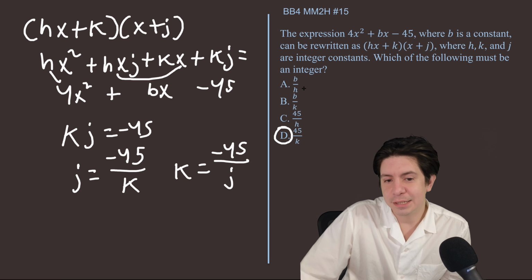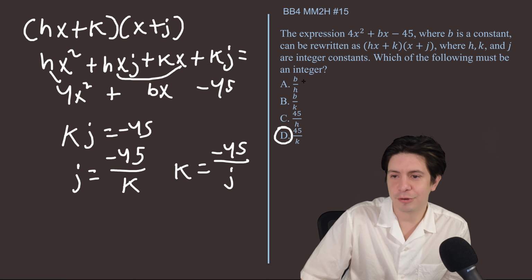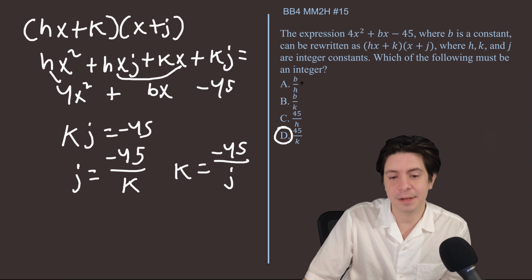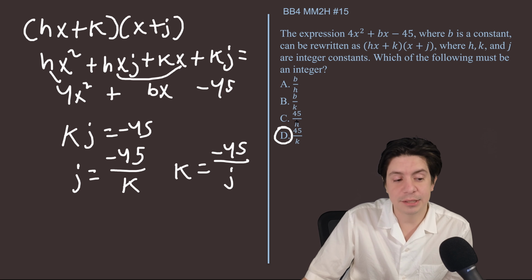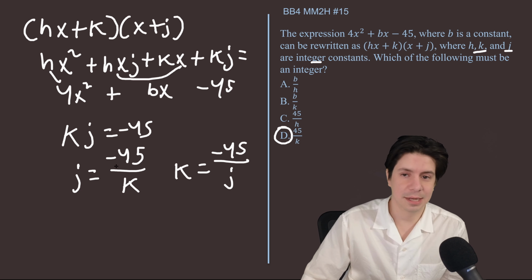Okay, b and h don't work. We don't know, because we know what b is, but we don't know what h is. b and k don't work because we don't know what b is, so that might throw things off. But d works because we know that no matter what it is, we were told h, k, and j are integers. So if this is equal to j, then it's an integer.